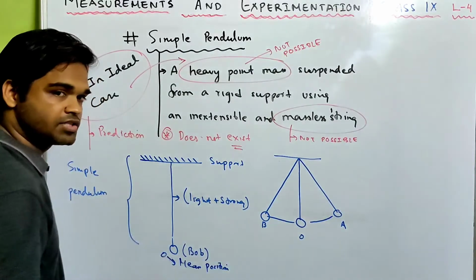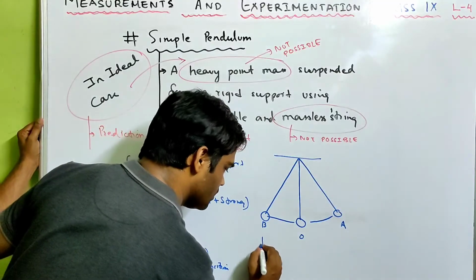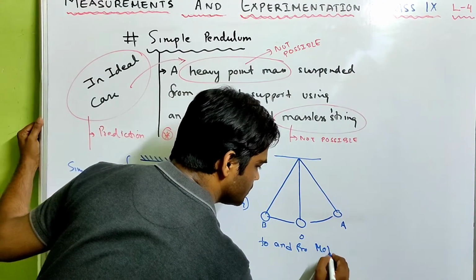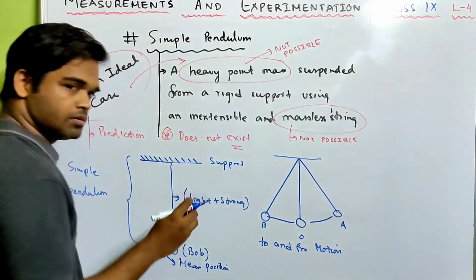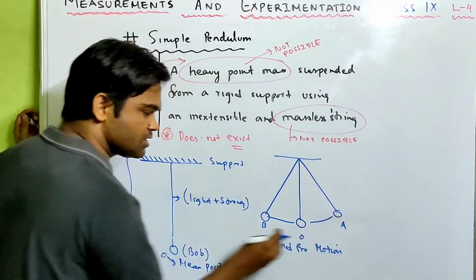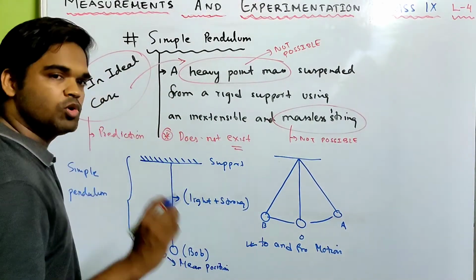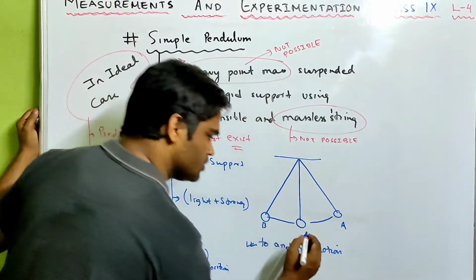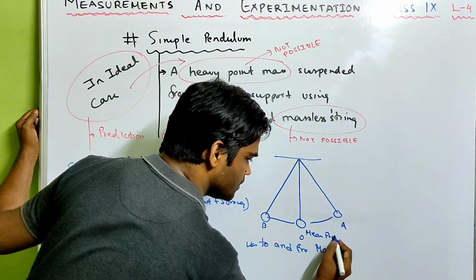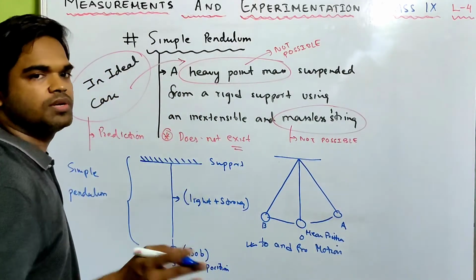It will execute oscillatory motion, which is to and fro motion. The body moves forward and then backward, tracing the same path. That is your to and fro motion. Now O is your mean position, remember? And A and B are your extreme positions.